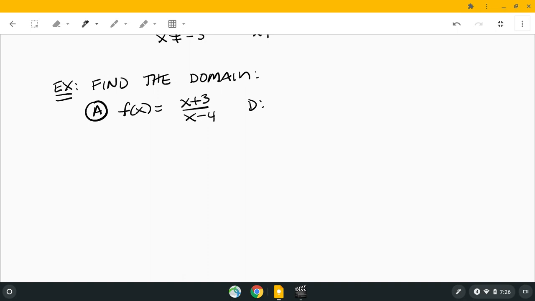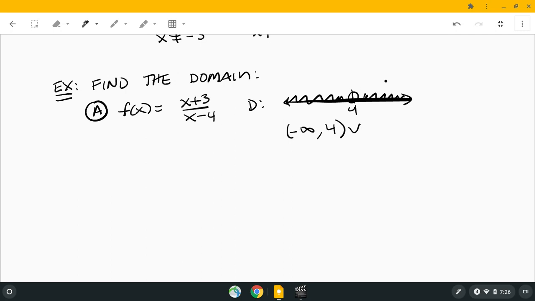If you look at it in terms of a number line, here's positive 4, and it's everything except that. So we need to describe this set over here. That's negative infinity all the way to 4, parentheses. And then we have to describe this set over here.